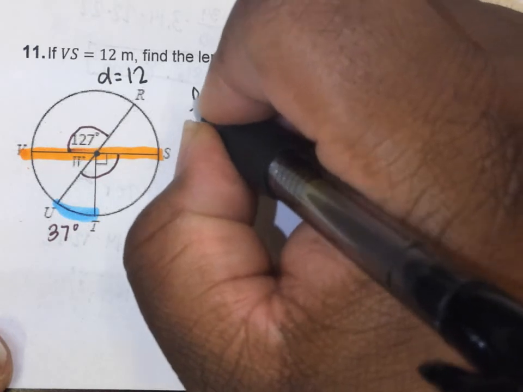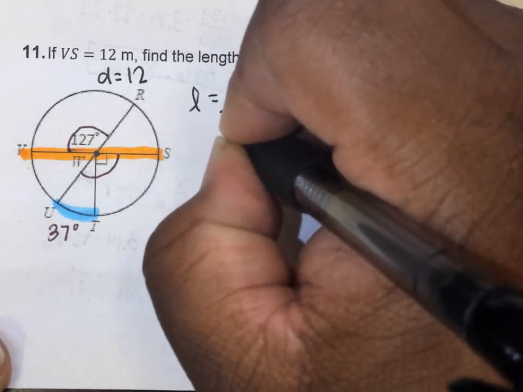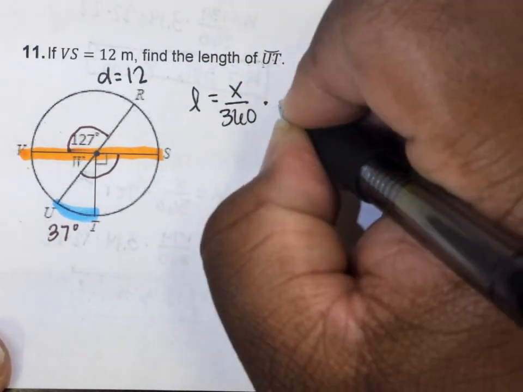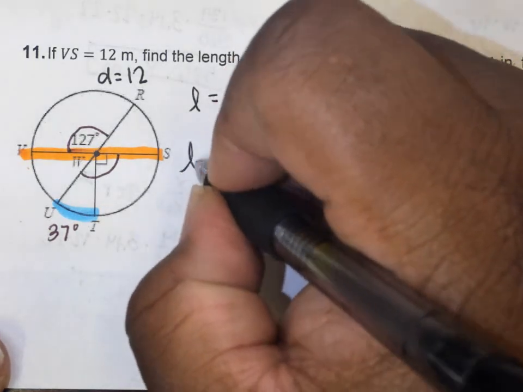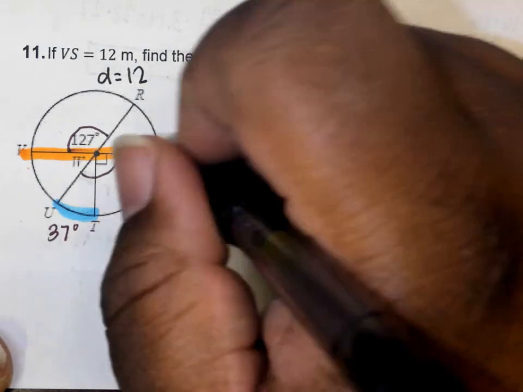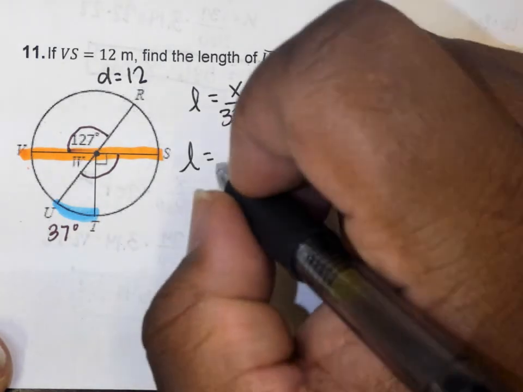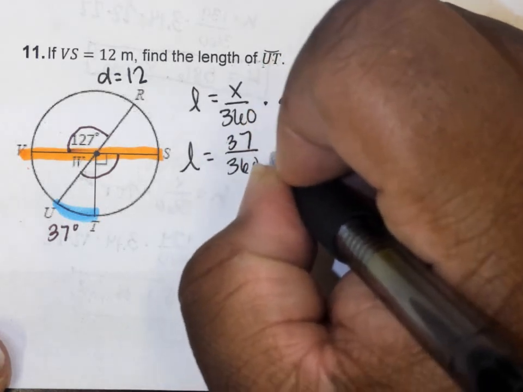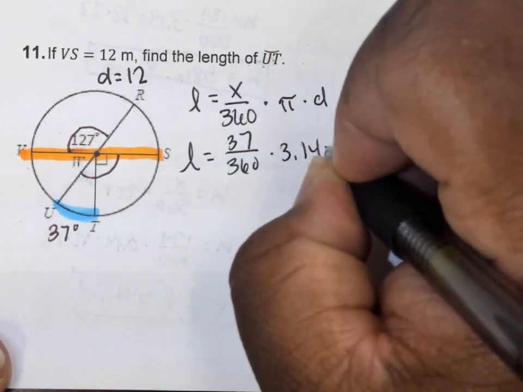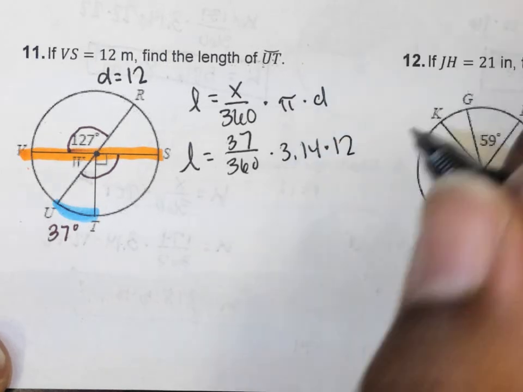Alright, so L equals x over 360 times pi times diameter. I keep writing it out. I expect you to write it out every time too. L equals 37 over 360 times 3.14 times my diameter, which is 12.